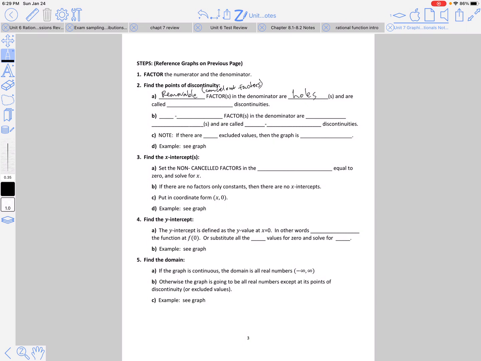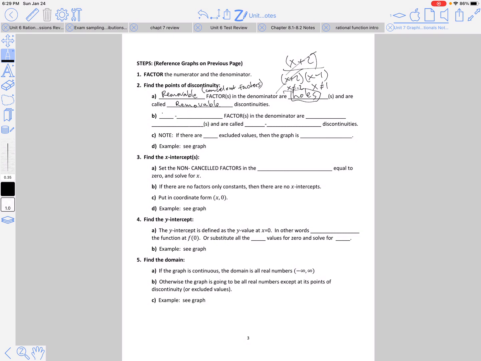So basically if you have something like x plus 2 over x plus 2 times x minus 1, these are excluded values, right? What would make that 0 are excluded values. But because it cancels out, it downgrades to a hole. Okay? And they're called, like we said, removable discontinuities.